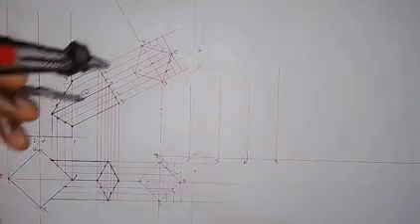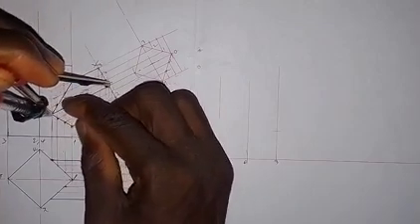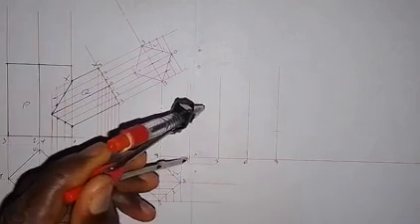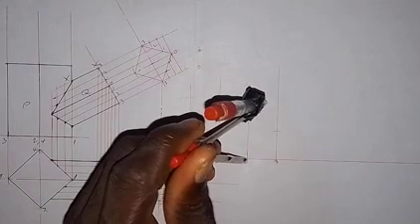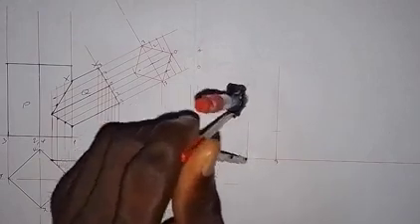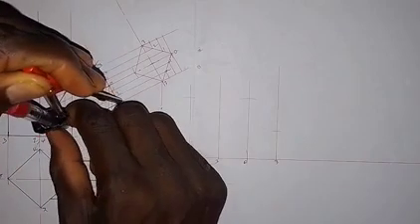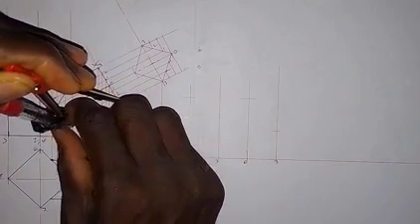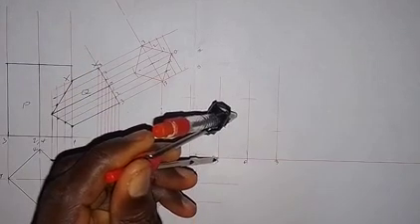So then we come to this 0, so we take the distance from here to here to this point. So putting it at this point 0, so we make an arc here, and also at this 0 we make an arc here. Then so we come to this 3 here, so we take this distance from here to here. Okay, so then so we make an arc at this point.